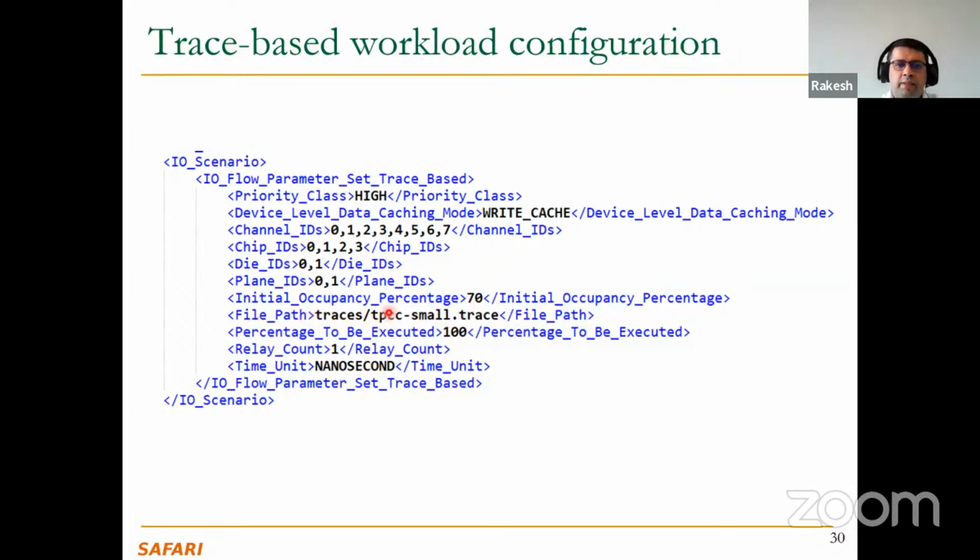It provides the path of the trace file that we need to use in our experiment. And the percentage to be executed tells us how much of the trace file needs to be executed in this workload. If we define it as 100%, all the requests in the trace file will get executed. And then we have the replay count and the time unit in nanoseconds.